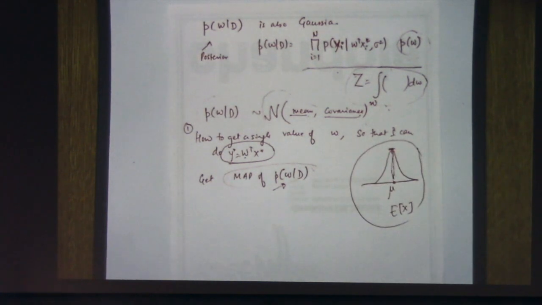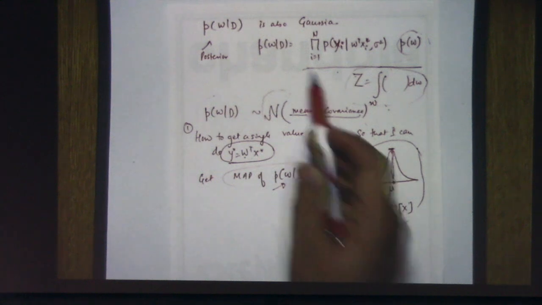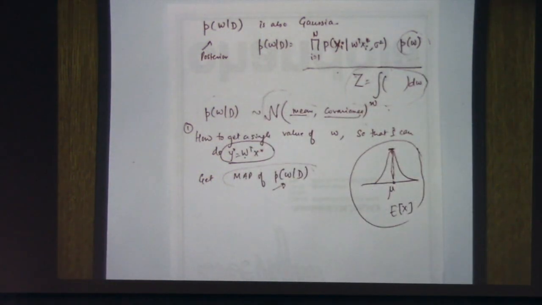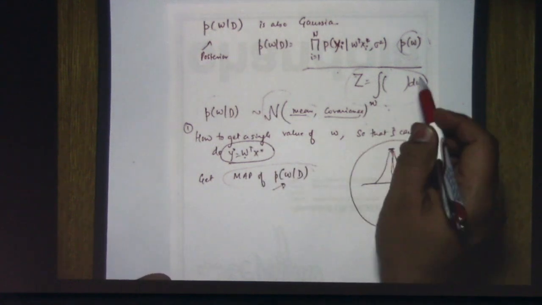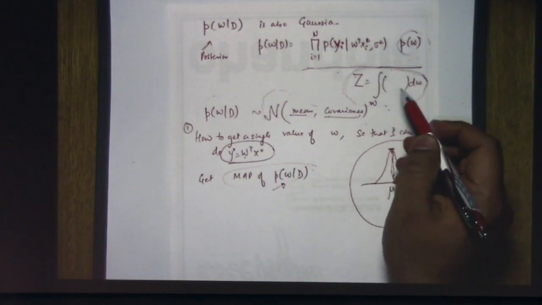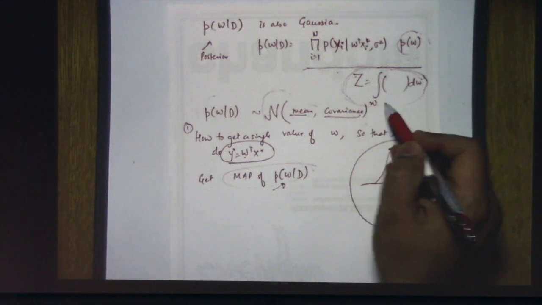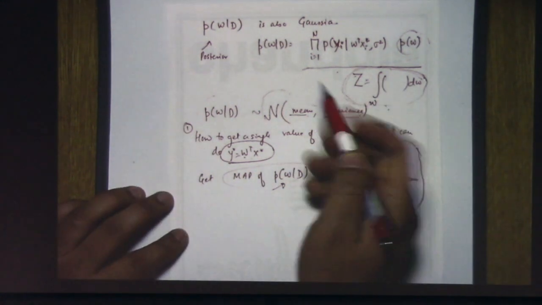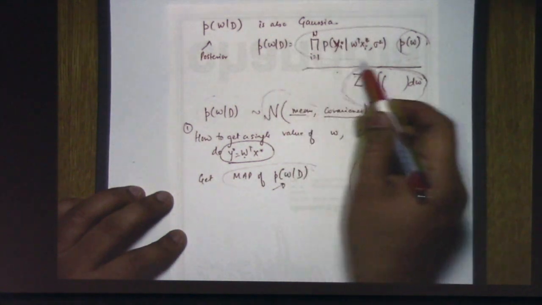All right. So now we can compute the MAP by maximizing this probability. If you are doing MAP, this quantity will not have any effect, because the denominator will not have W at all, since we are integrating W out. Which means that all you can do is maximize this quantity.